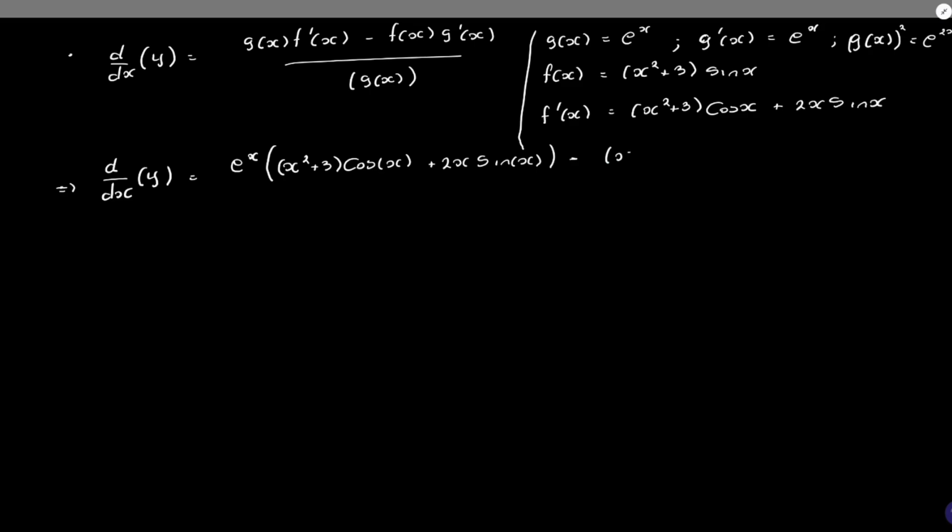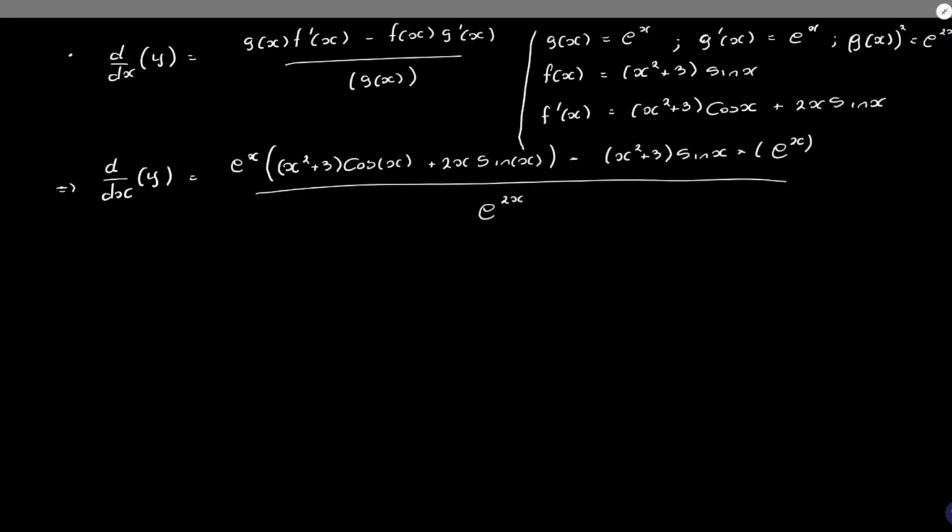minus f of x, (x squared plus 3) sine x, times g prime of x, e to the x, all divided by e to the 2x. So what we can notice in these two terms is we have e^x common on both sides.